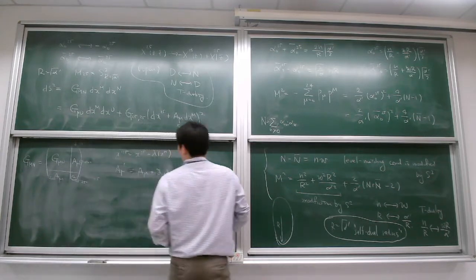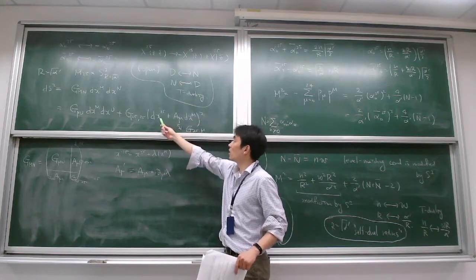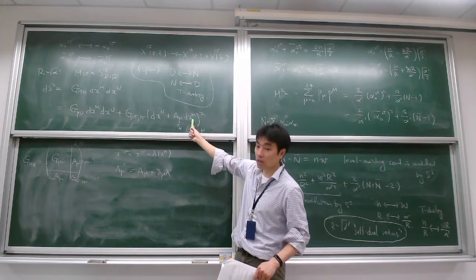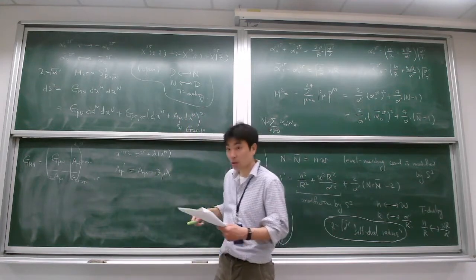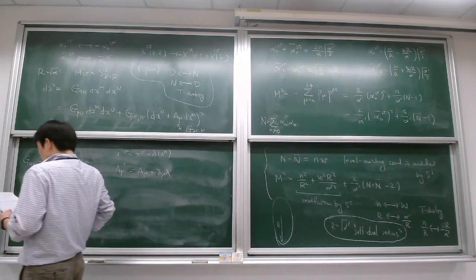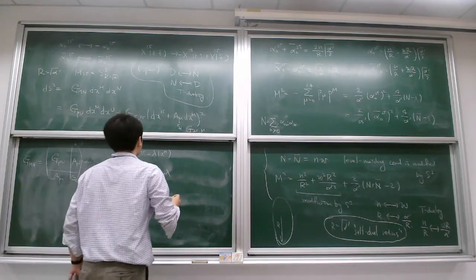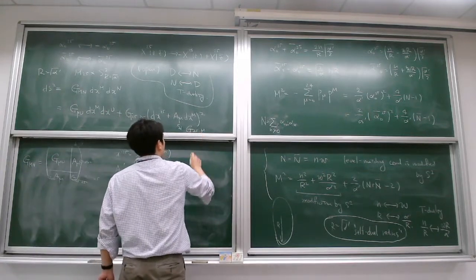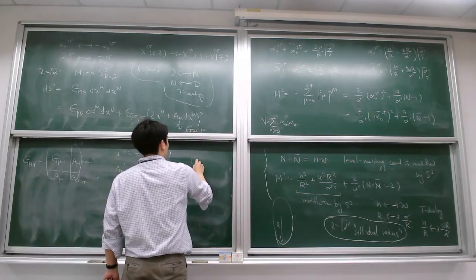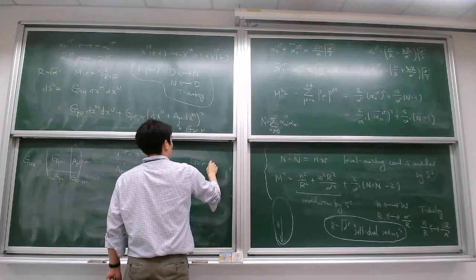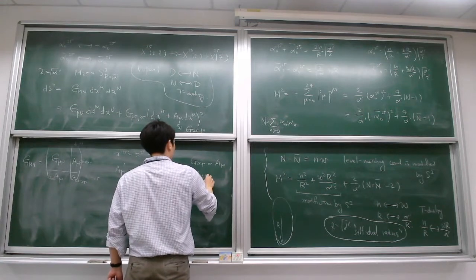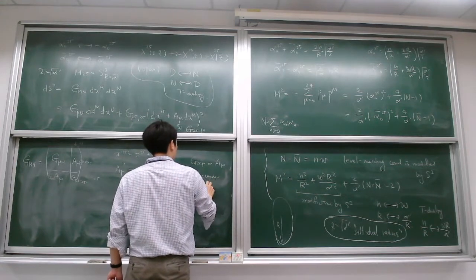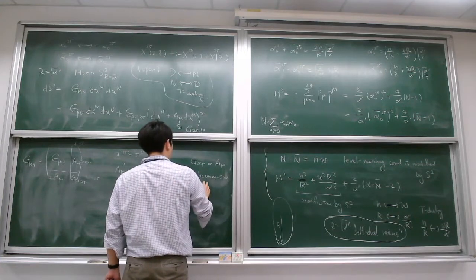So you just plug this into here and you get the extra piece, mu plus partial mu lambda. Therefore, this direction, G25 mu, can be understood as the U1 gauge field.